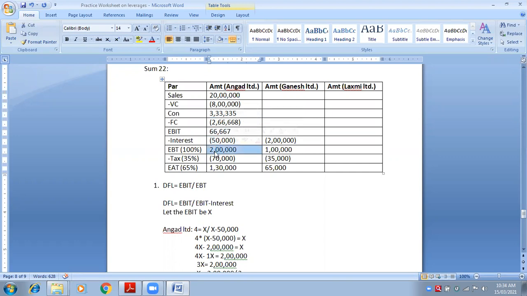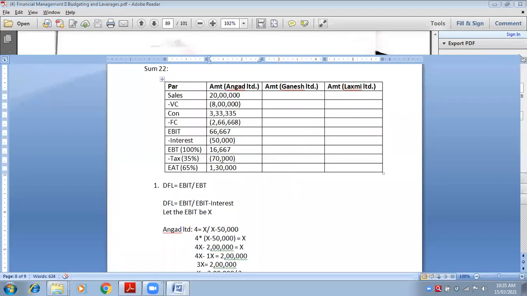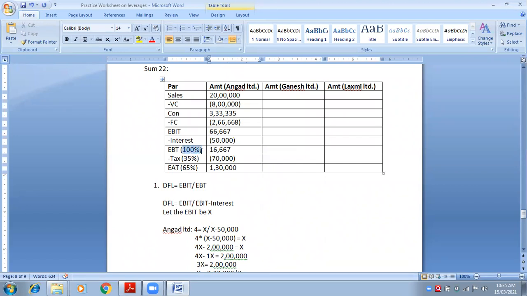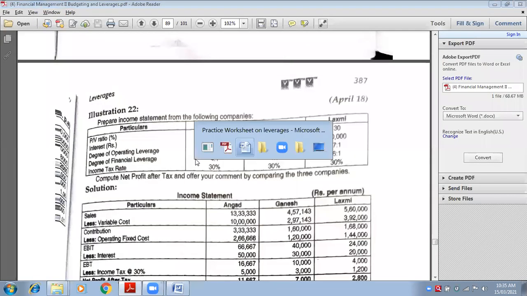So what will be your EBT? 16,667. Is it correct? Now tax is already given. Tax rate is 30%. Here no need to apply, let the EBIT be 100; tax is already 30%.